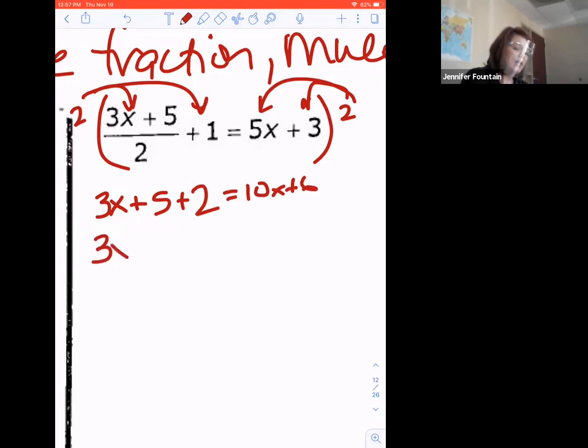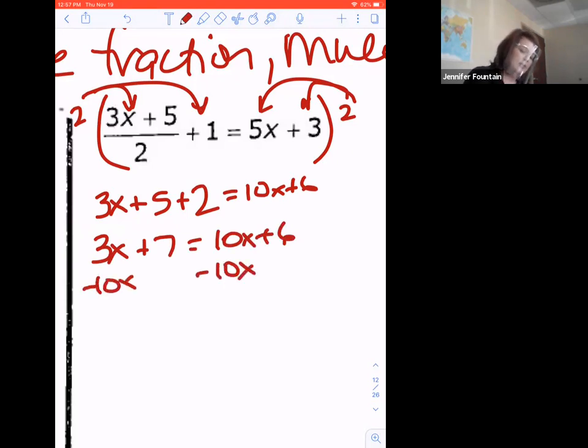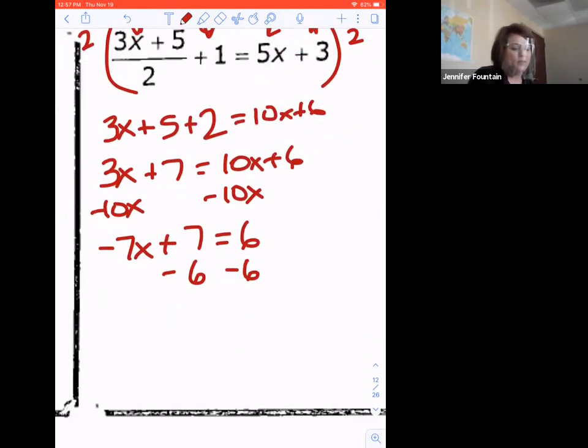I'm going to go ahead and say 3x plus 7 equals 10x plus 6. Subtract 10x, subtract 10x. So that gives me a negative 7x plus 7 equals 6. Subtract 6, subtract 6. So now I have negative 7x plus 1 equals, how did I do that?